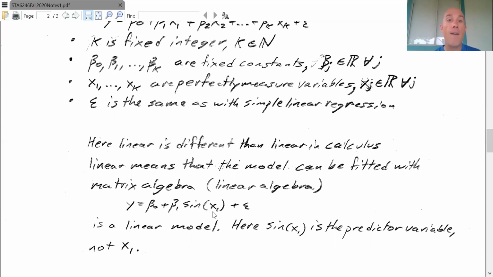And then that vector I could put in a matrix. And since I can put that into a matrix, this is in fact a linear equation for our purpose. Now, in this situation, x1 is not our variable, sine of x1 is our variable. So that's something to keep in mind.